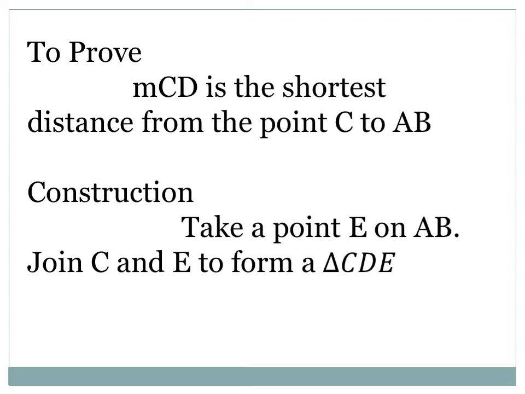We can also say that the perpendicular is the shortest distance from the point C to AB. Now we construct a point E on AB. When we join points C and E, we get a triangle CDE. Now we will prove this theorem by writing some statements and the reason of each statement.